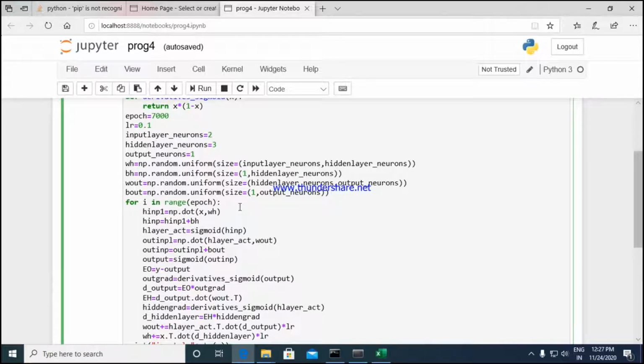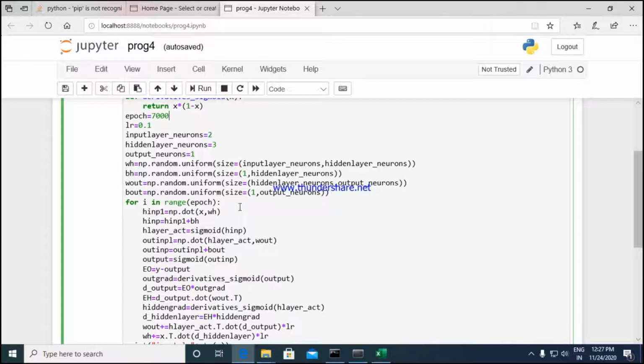What happens in the forward pass? In the forward pass, we calculate the error value associated with all the weights, and then in the backward pass we reinitialize the values of the weights so that the error gets minimized.